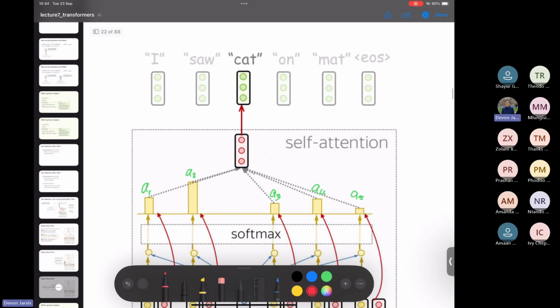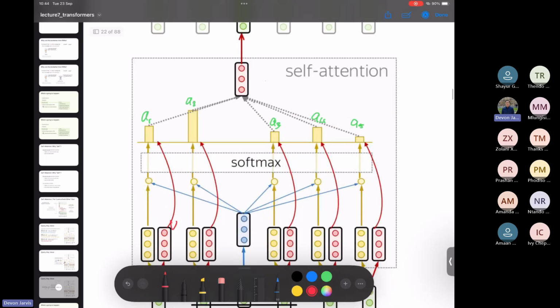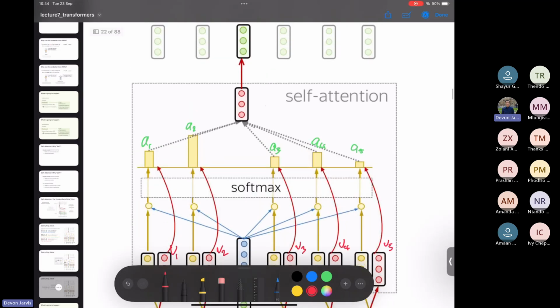On top of that, we have our value vectors, V1, V2, V3, V4, V5. So it's A1 plus A2 plus A3, and so on, times V1, V2, V3, and so on.